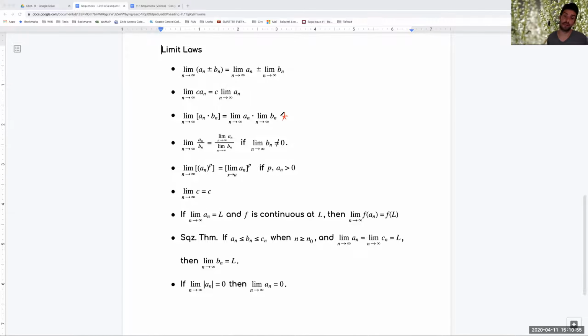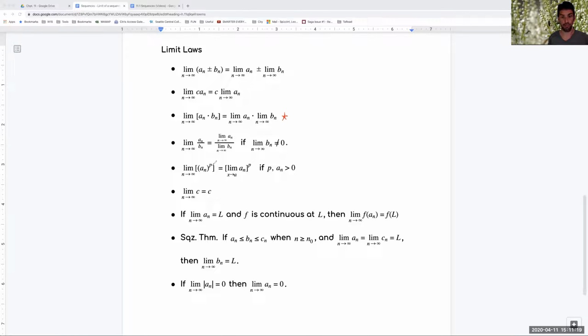So we might say the limit of a product is a product of limits. Same thing for a quotient, as long as the denominator is not 0. Also being careful if we get infinity over infinity, that also doesn't make sense. Remember, these limit laws work as long as both of these limits exist, and the limit going to infinity is another way of saying the limit does not exist.